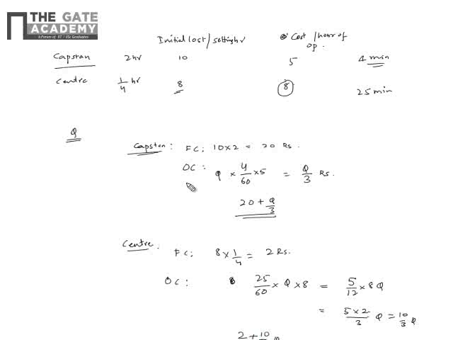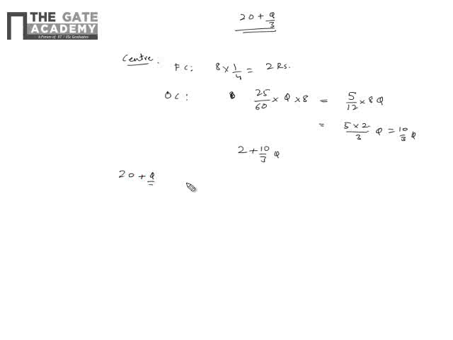At break even these two are equal, so 18 equals 7 by 3 into Q, which gives Q equal to 6. If I produce fewer than 6, it is better to produce on a center lathe, and above this quantity the capstan lathe provides the cheaper method.